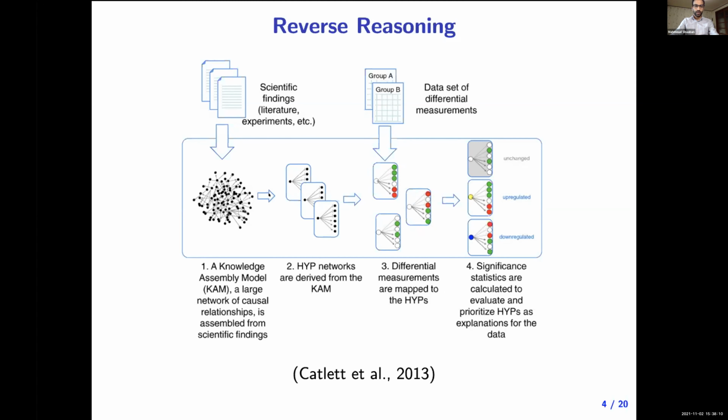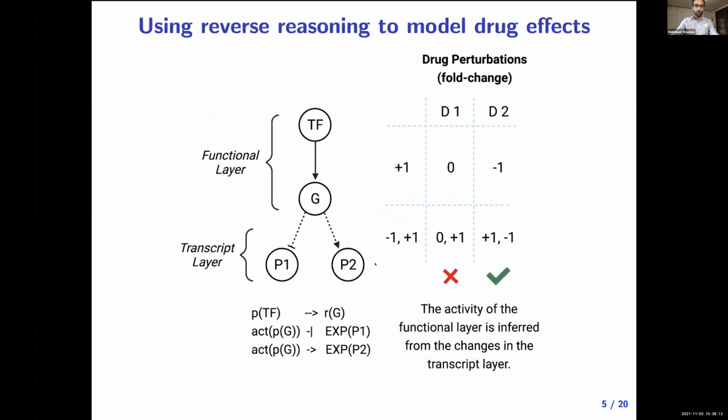The particular approach that I'm using in this work is, if you have a network, and this network codes interactions between biological entities, for example, a transcription factor and a gene, and downstream from this gene there are other transcripts or other genes that change their function based on the node upstream.